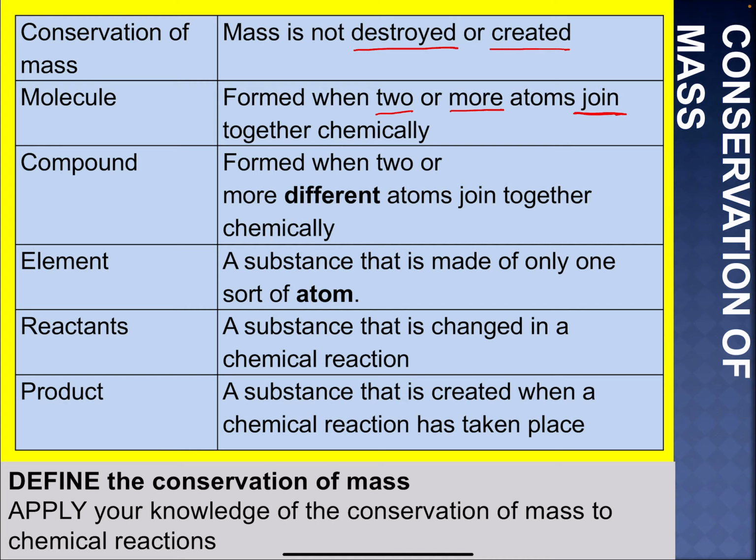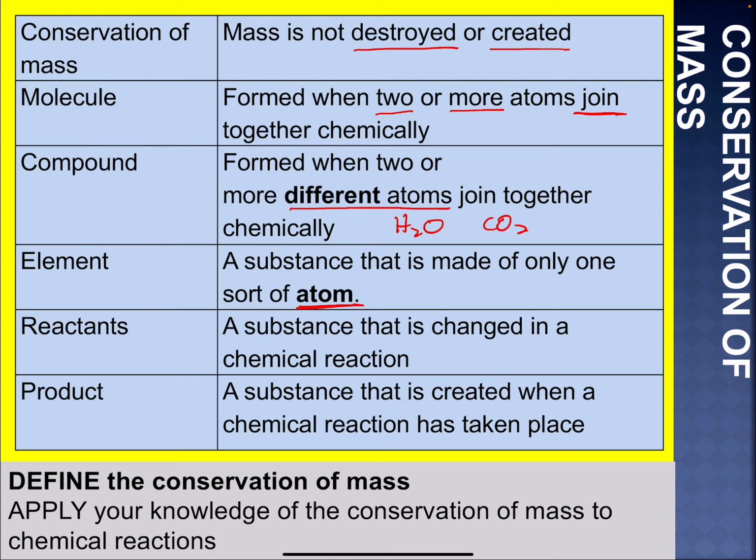Compound: formed when 2 or more different atoms join together. This could be something like water. So you've got water, you've got carbon dioxide, but they have to be different atoms. Elements: a substance that is made up of one type of atom. It's a pure substance.